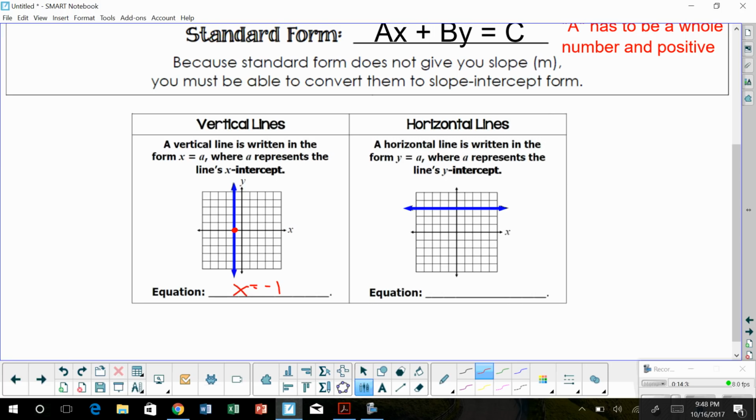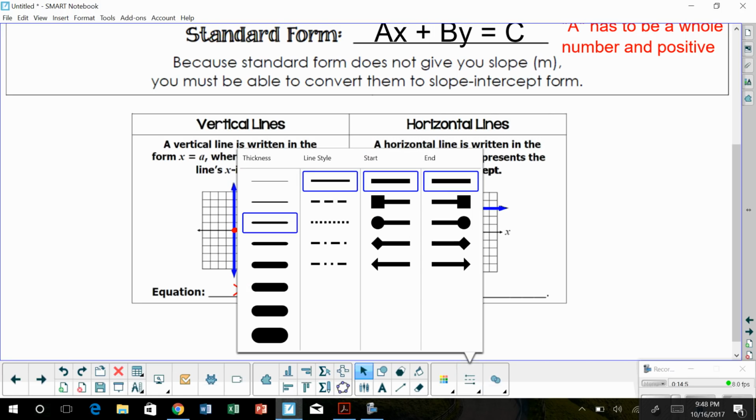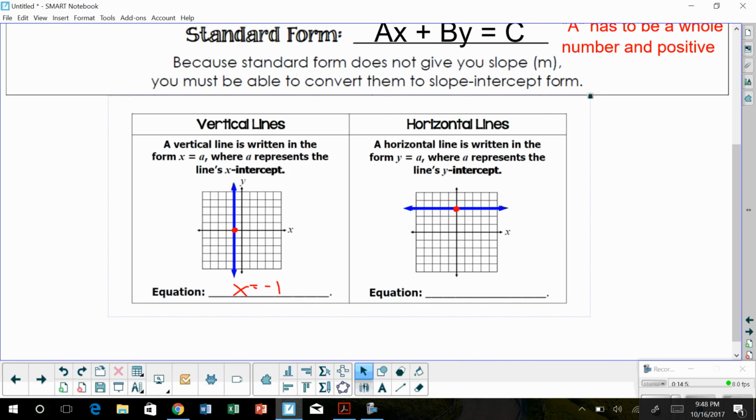Here in this one, the horizontal lines, a horizontal line is written in the form y equals a, where a represents the line's y-intercept. Which means y equals 1, 2, 3, and then you're done.